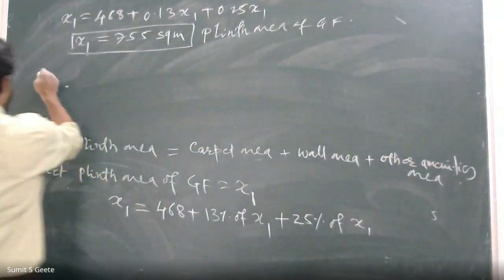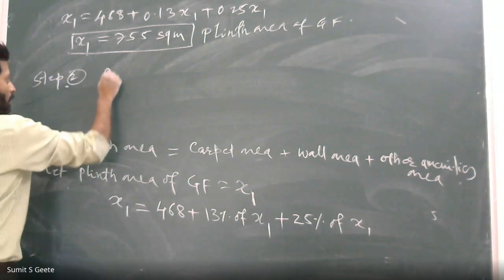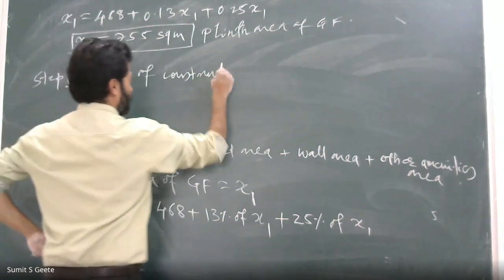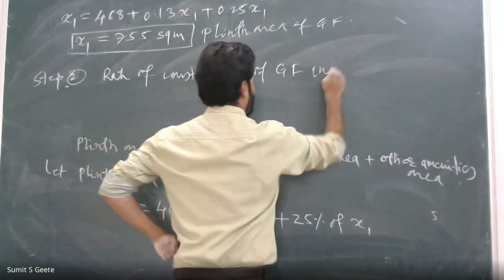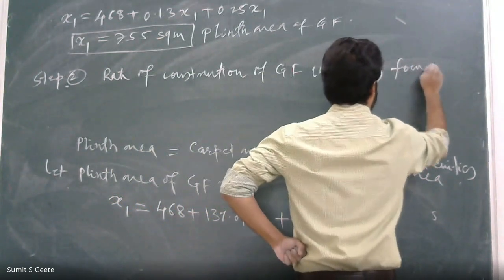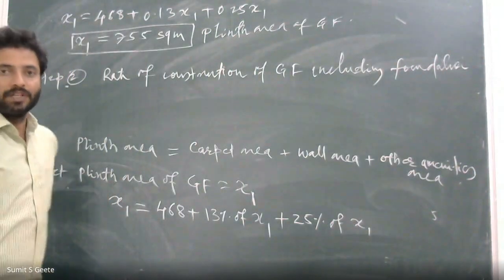So step number 2, rate of construction of ground floor including foundation. What is the value?